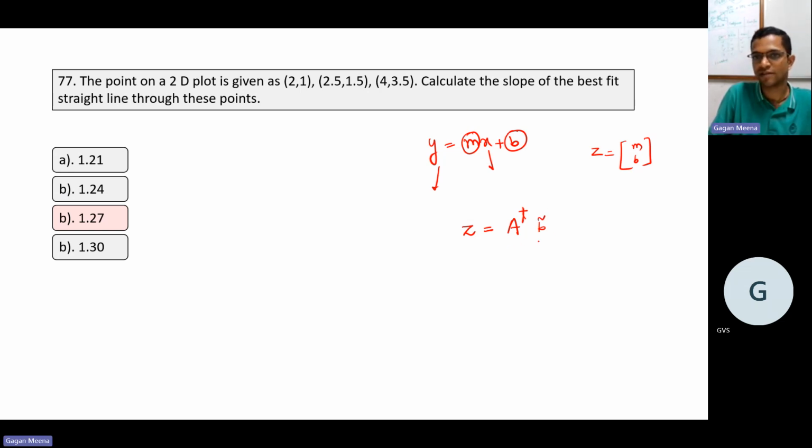A is the matrix which connects these two, m and b, and x and y. X and y are the input here, so b will be represented by that. This is the pseudo inverse: A transpose A inverse times A transpose.